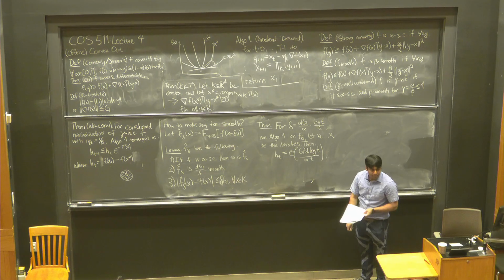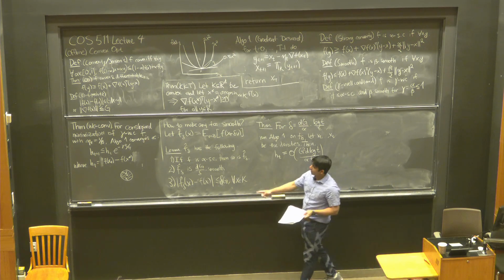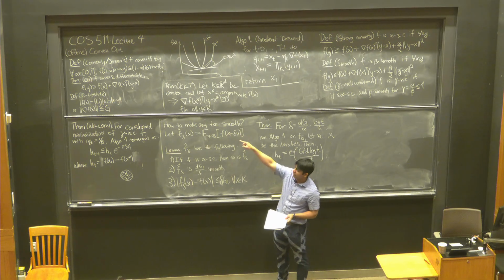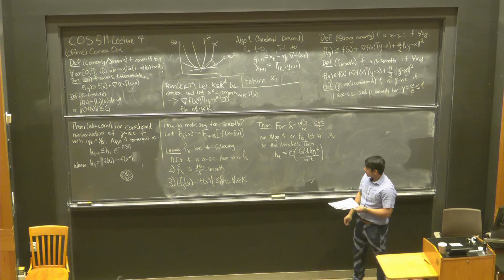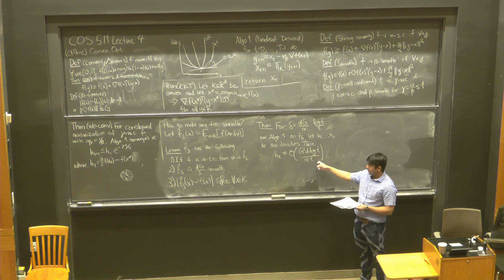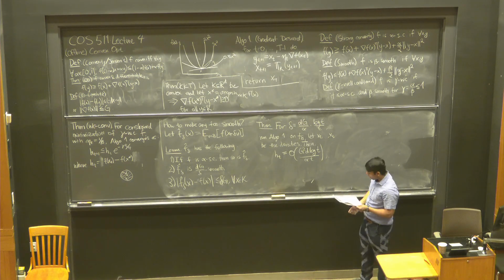Yeah, what's up? So does this require that f is G Lipschitz? Yes. As I wrote before, we're going to assume that f is G Lipschitz for kind of everything. So this is an upper bound on the error. Again, notice it's going to 0 as t goes to infinity. That's the main thing.